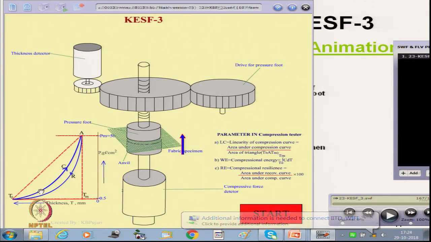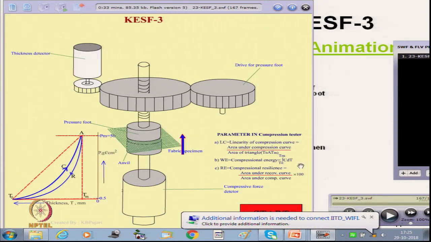If this curve follows a straight line, then it would have been 1. Okay. So, the linearity of the compression curve is the area under the compression curve divided by the area of this triangle, and WC is the compressional energy, which is nothing but the area under the compression curve.